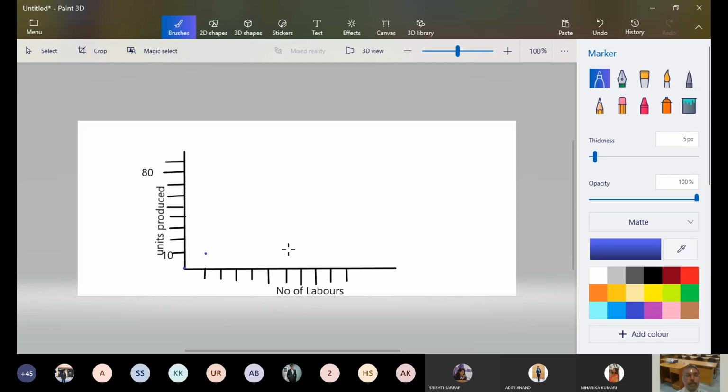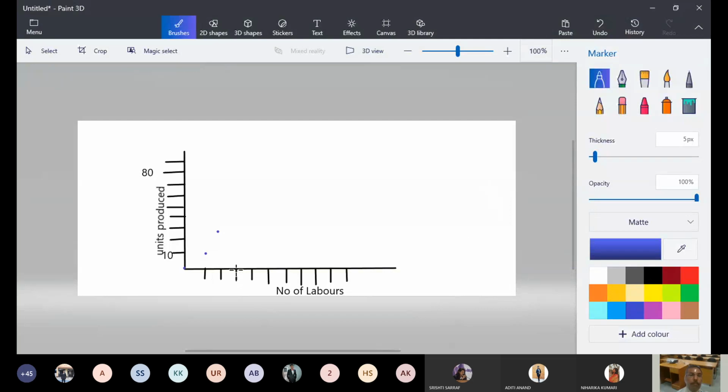There will be a dot. So I will put a dot at all the points which I get on the graph. At labor 2, total 24. This is 20, and somewhere in the middle of this, 24. Okay. Then we have 39.